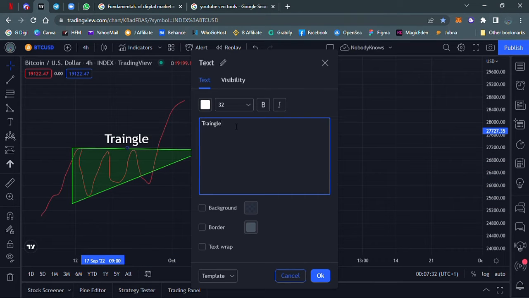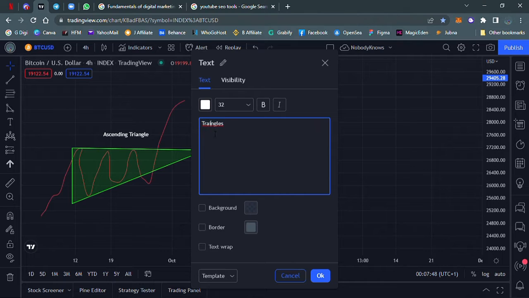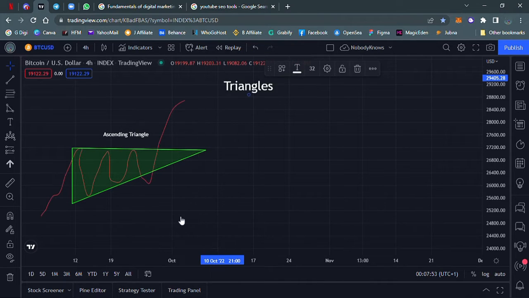Oh, sorry, my spelling for triangle is weird. Triangle. So, ascending triangle, like this. Alright, we have an ascending triangle here.